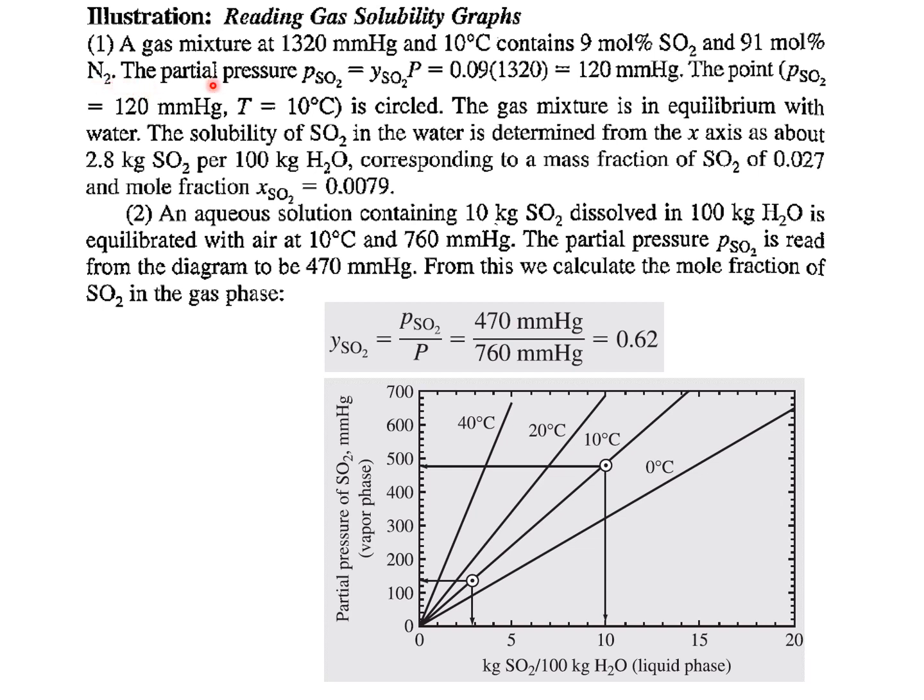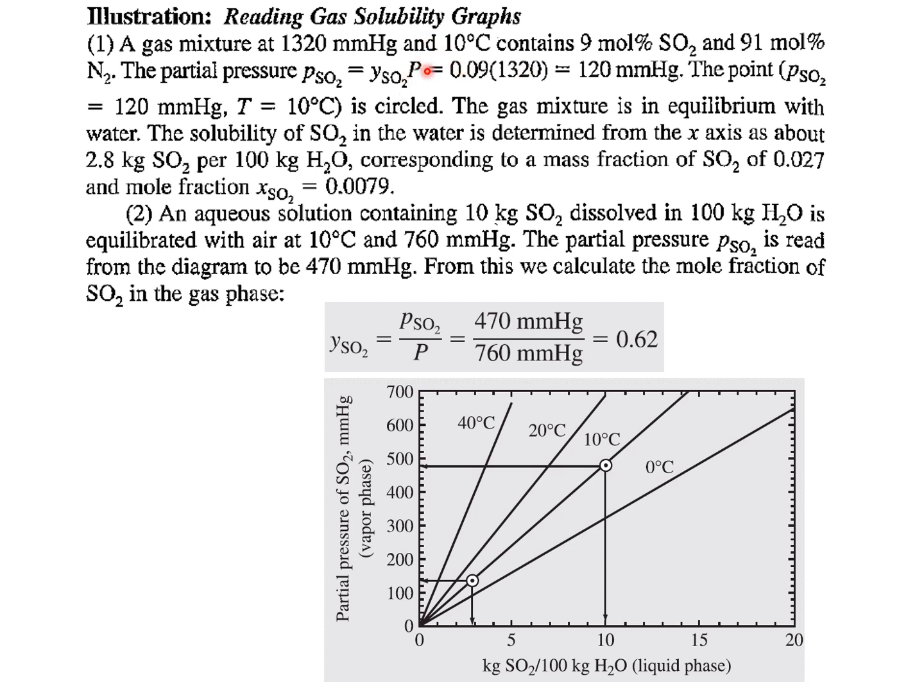That is to say, the partial pressure of SO2 should be calculated to use this diagram. So the partial pressure P sub SO2 is equal to the vapor composition of SO2 times the pressure. The statement says 9 mole percent SO2 in the vapor phase with the total pressure like that.